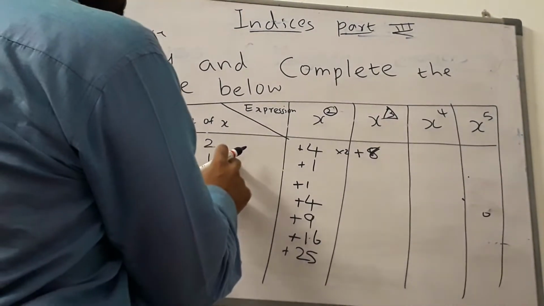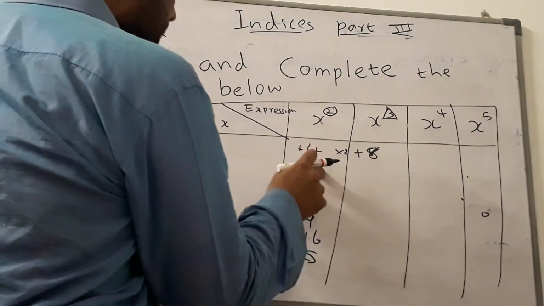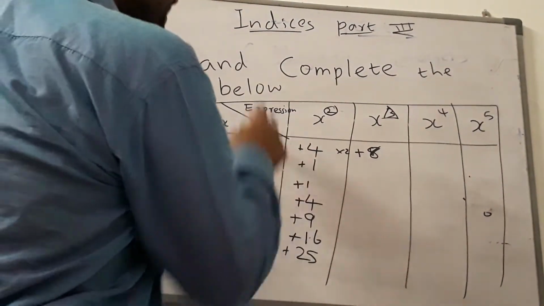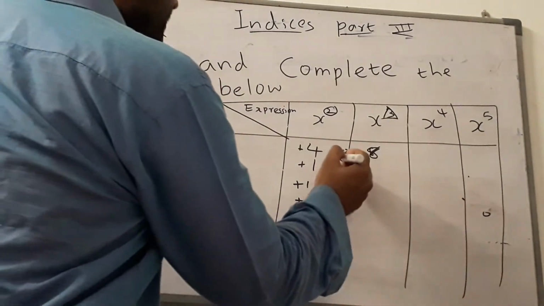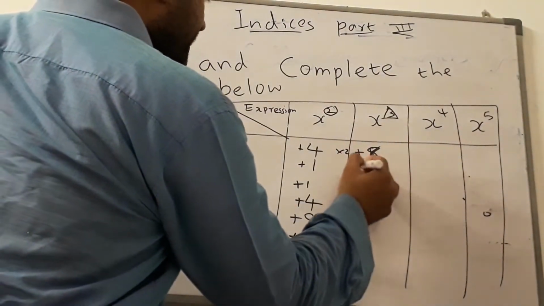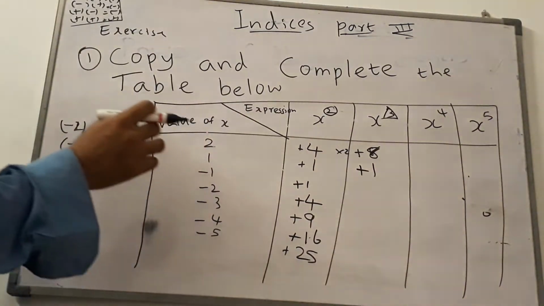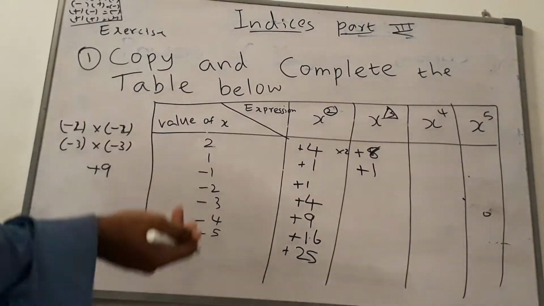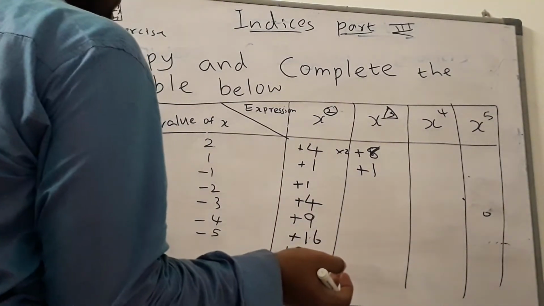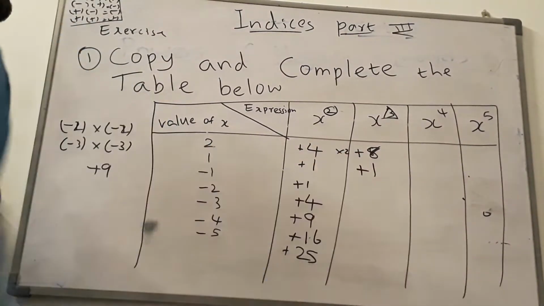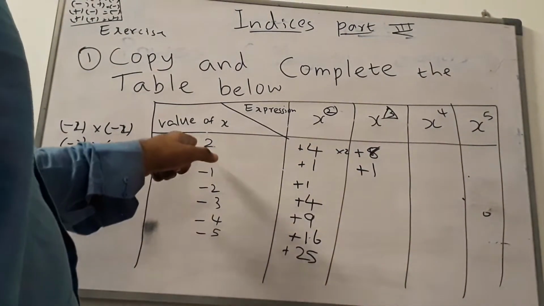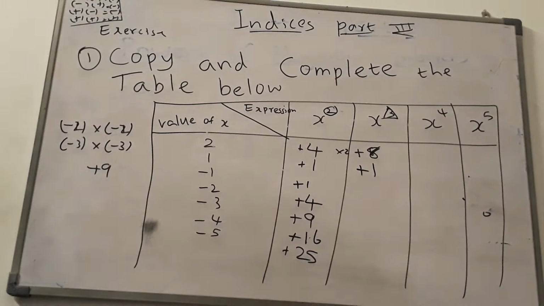Then plus 1. Plus 1 times plus 1 is plus 1, and multiplying by another 1 gives 1 again. The sign won't change because the sign is positive.